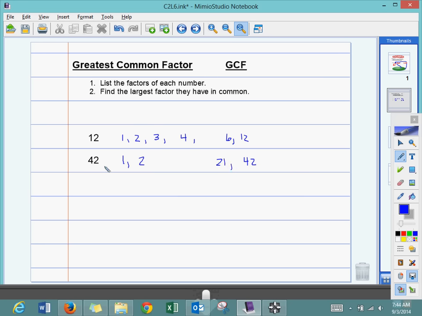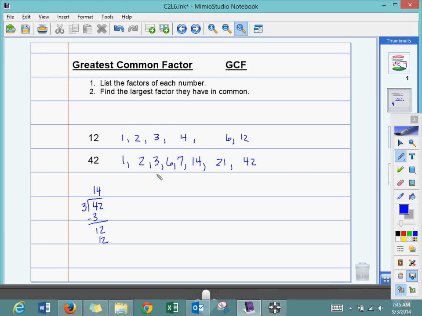Now will 3 go into 42? And you might have to go down here and say, well, will 3 go into 42? And we're going to learn a shortcut here in just a minute. 3, 12, 4, 12. So 3 does, that'd be 3 and 14. Will 4? No. Will 5? No. Will 6? 6 and 7.